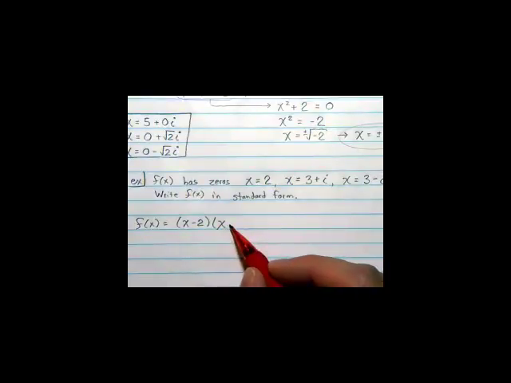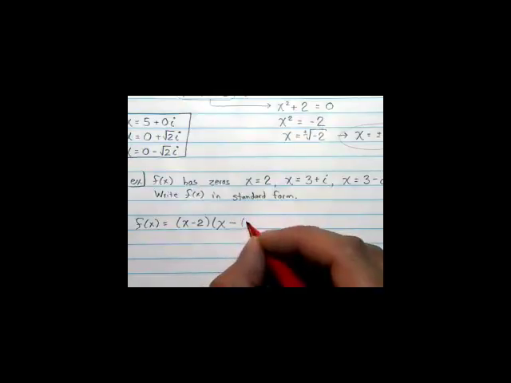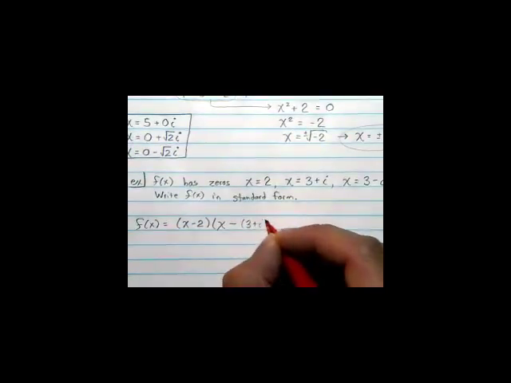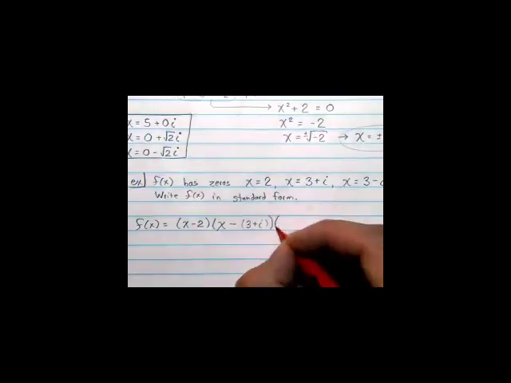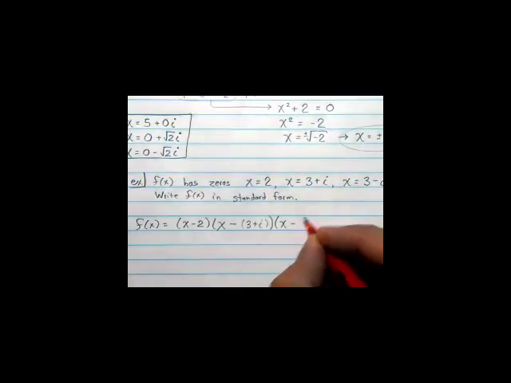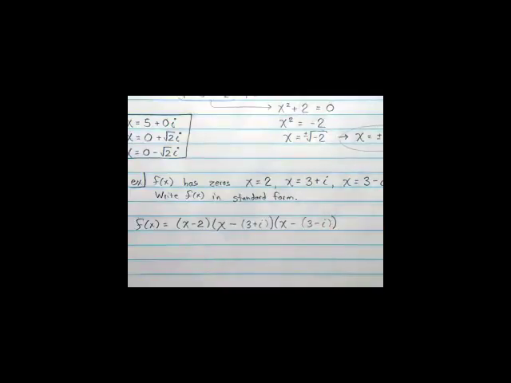So it would be x. It's always x minus whatever the root is, right? And that works for complex numbers as well. So it's x minus (3 plus i), like that. And then the other one, x minus (3 minus i). Okay, so always kind of stick to that formula. x minus the root, x minus the root every time.